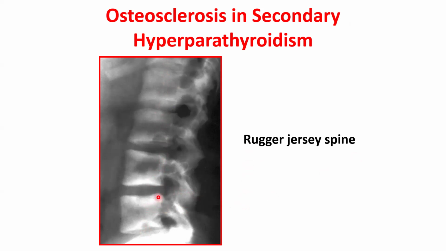You notice the vertebral bodies are excessively white. In between are the intervertebral discs. They appear black. So the general appearance of this spine is like the jersey of football or rugby players, who used in the past to wear striped jerseys, white and black, white and red, not like nowadays with the different commercials on top, Vodafone, Coca-Cola, and so on. So this is the rugger jersey spine of osteosclerosis.